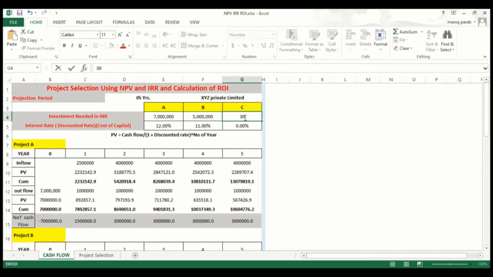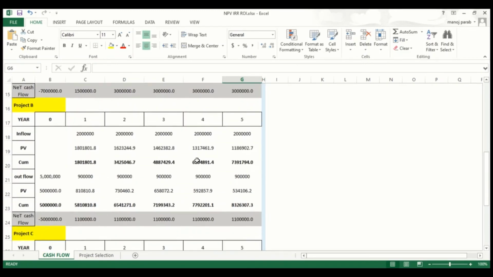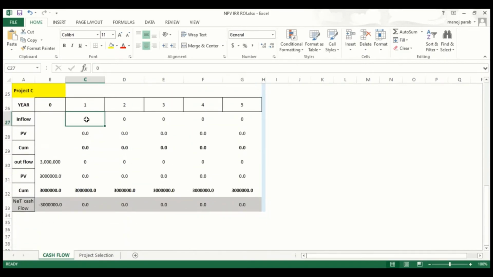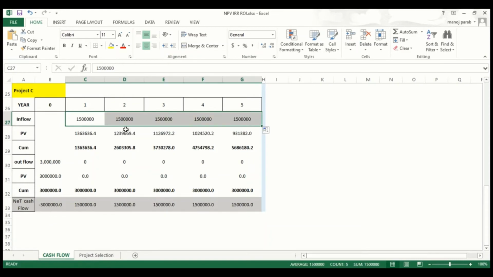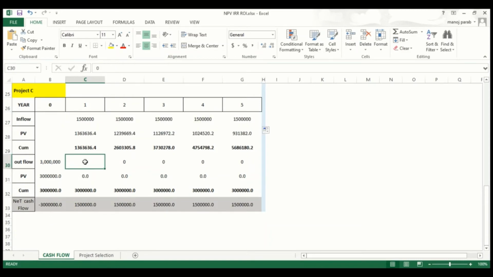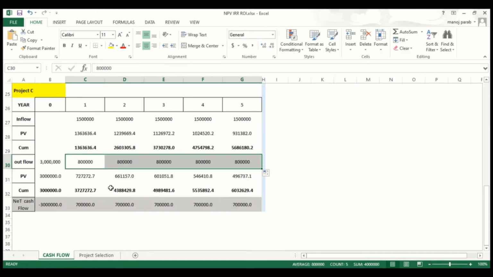Here we put an investment of 30 lakhs, and we'll take 10% as the discount rate, right? We'll put 8 lakhs as outflow, and we have considered the 8 lakh outflow for all 5 years.